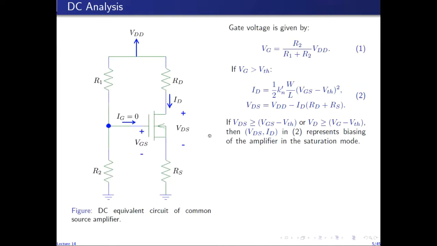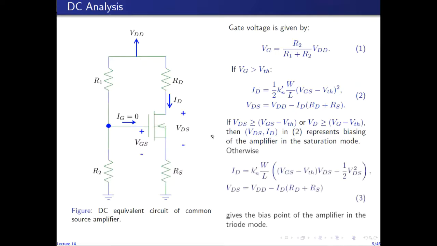Otherwise, if this condition is not met, then the device is in triode mode, and we'll have to find the drain current again using the triode mode equation, which is given by this expression. And then using this ID and this VDS, we can solve these two equations for the bias point of the circuit.